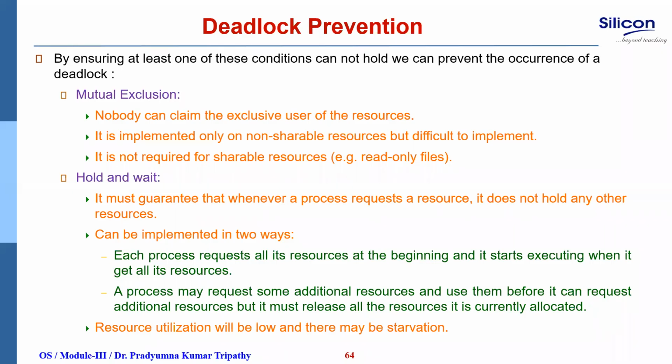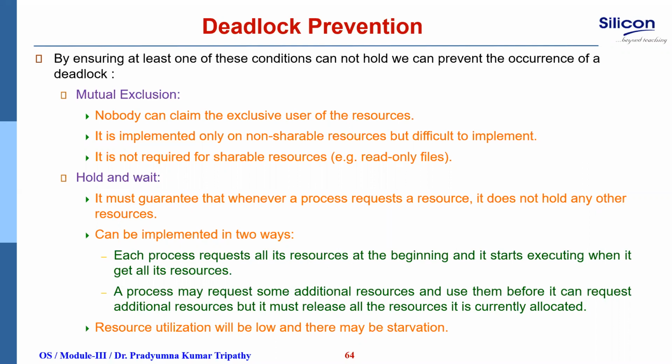The rule says that first of all, it must guarantee that whenever a process requests a resource, it doesn't hold any other resource. We will make a rule that whenever a process makes a request for a resource, it doesn't hold any other resource. So it has to release all the resources before making a request. Correct?